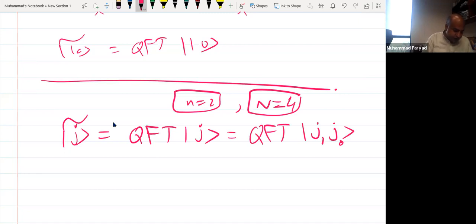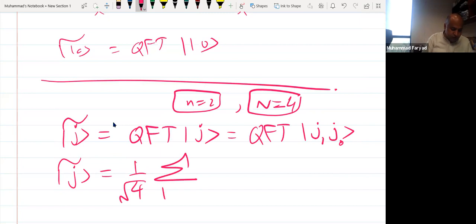So this Fourier transform can be written as 1 over square root 4, sum over k going from 0 to 3, exponential 2 pi iota j k over 4.